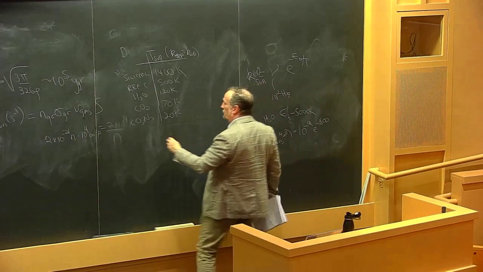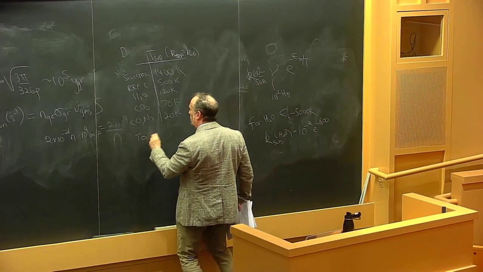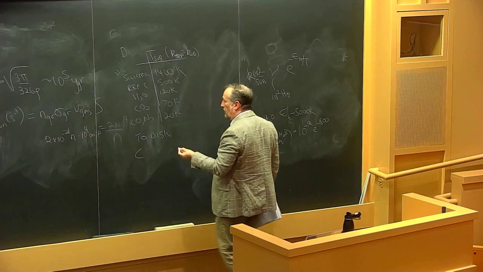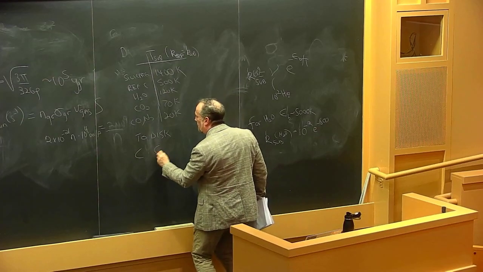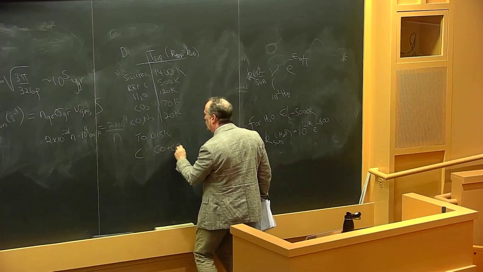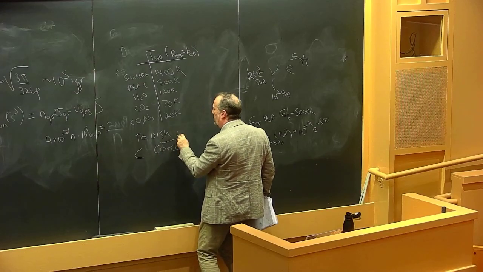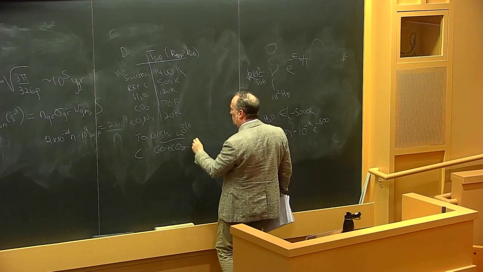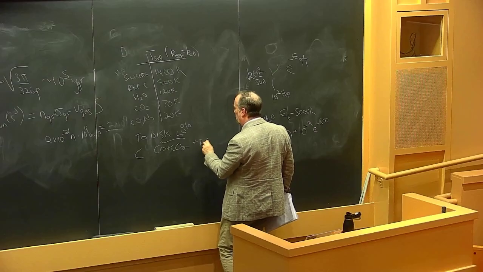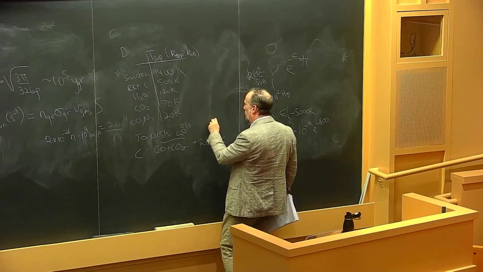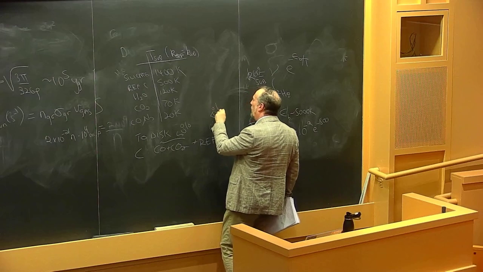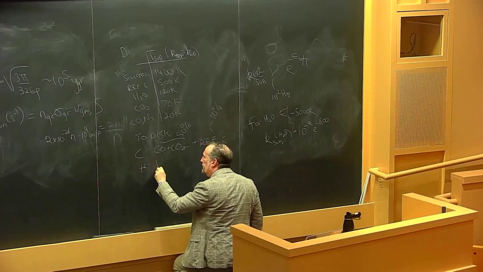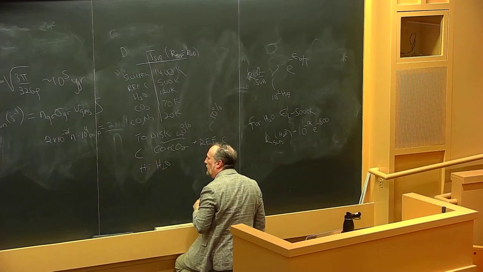And what's provided to the disk in collapse, essentially for carbon, it's CO plus CO2, that's 50% of the carbon, and then plus the refractory carbon, which is the other 50%. The hydrogen's coming in water, 100%.